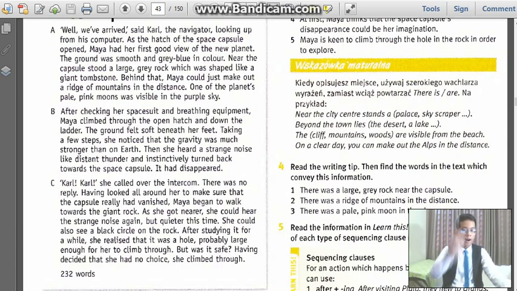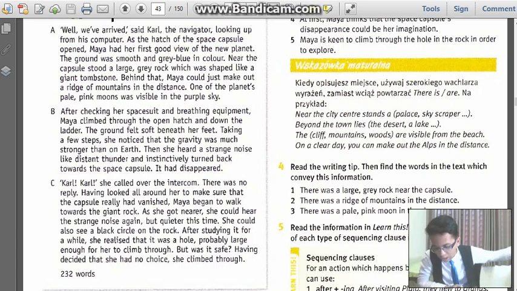So what is it for the first sentence in the exercise number 4? Oh yeah, it is the sentence 'Near the capsule stood a large gray rock, which was shaped like a giant tombstone.' So the reader can imagine the thing you are describing more clearly in their minds.